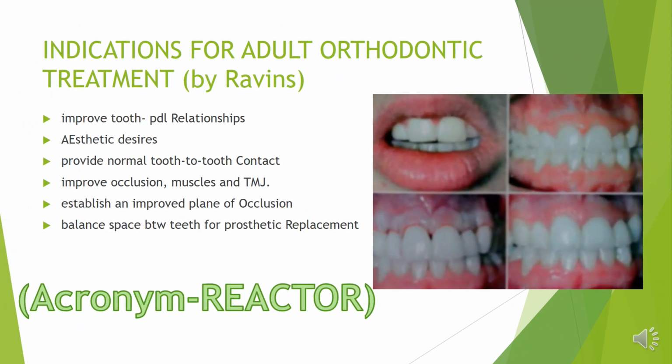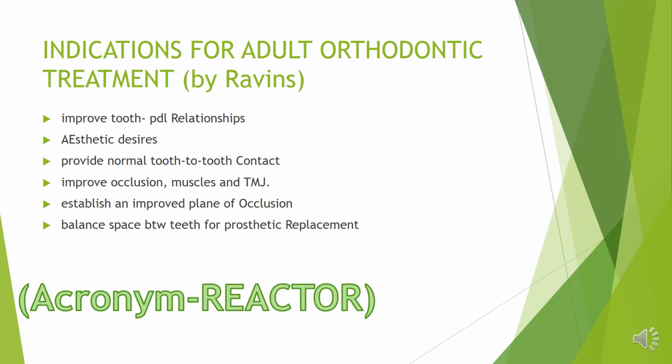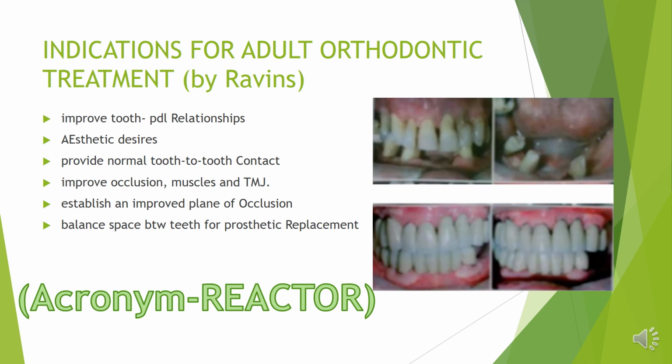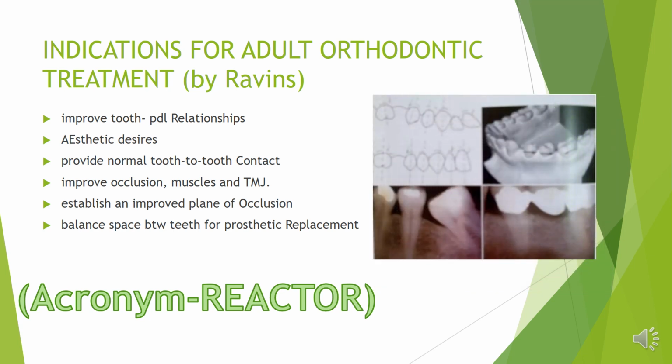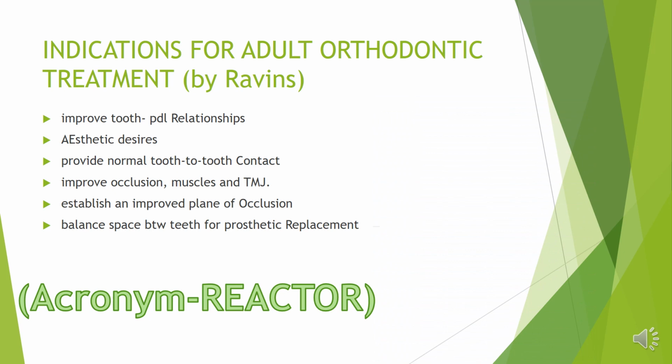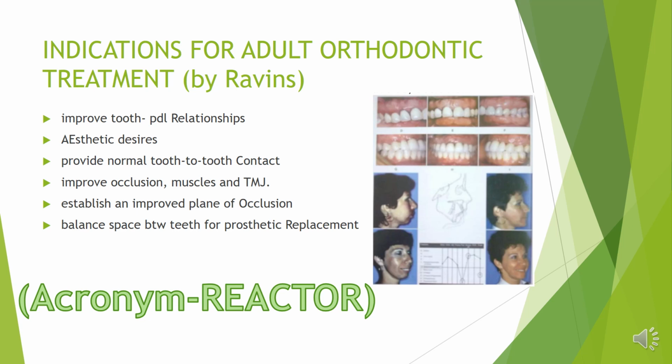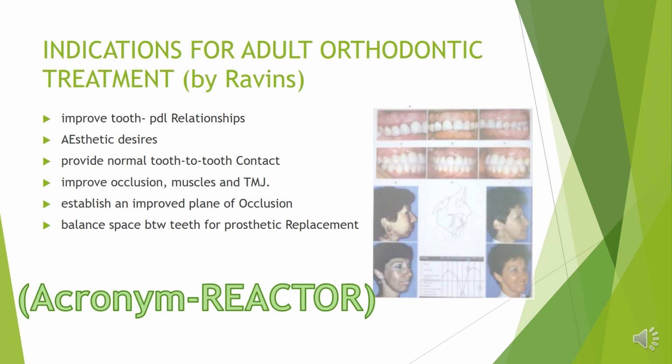Coming to the indications for adult orthodontic treatment, which were given by Ravens: to improve tooth periodontal tissue relationship, to satisfy the aesthetic desires of the patient, to improve spaces to provide normal tooth to tooth contact, improve occlusion and coordination with the masticatory muscles and the TMJ, to establish an improved plane of occlusion in order to distribute forces through the broadest area possible.